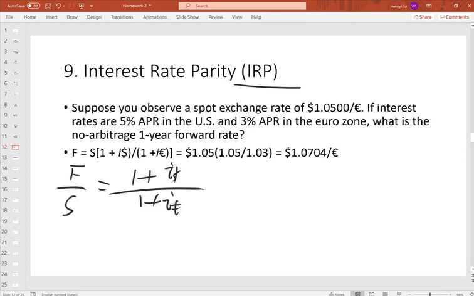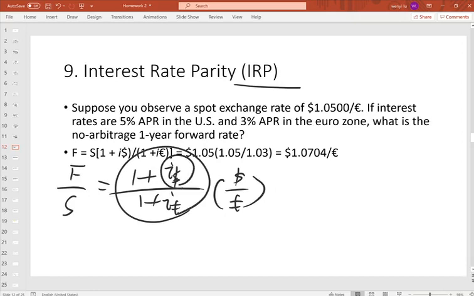The quote of the exchange rate should be dollar to euro, the same sequence you see in the ratio. Whichever is on top in the interest rate should also be on top in the exchange rate. That should be matched. Be careful.